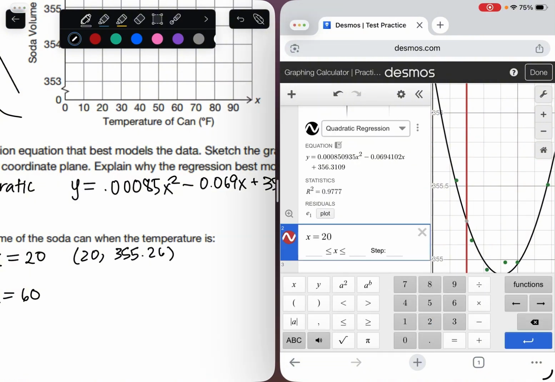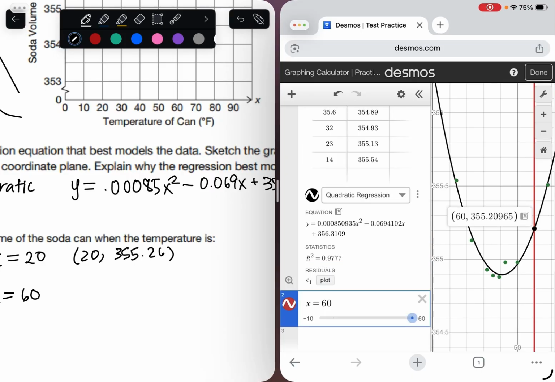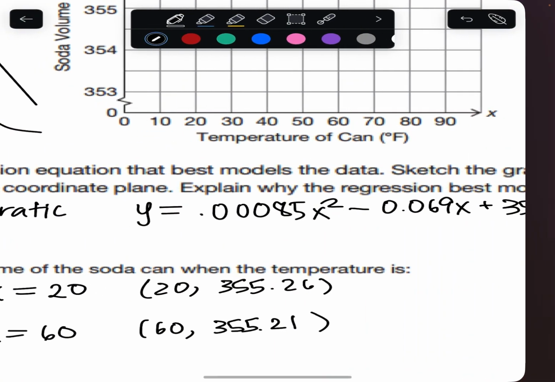And then when I plug in 60, we get 355.21.